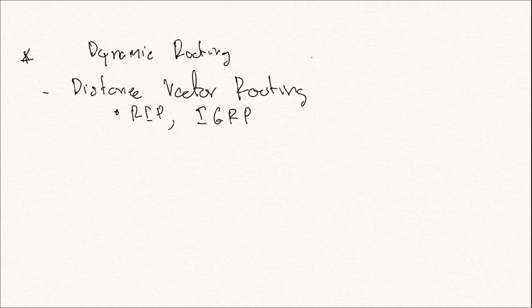So what is the distance vector routing, as you remember? I think many of you might have remembered what I have taught already. The distance vector routing is basically that each router will send out its own routing table, the whole routing table, to its neighbors.